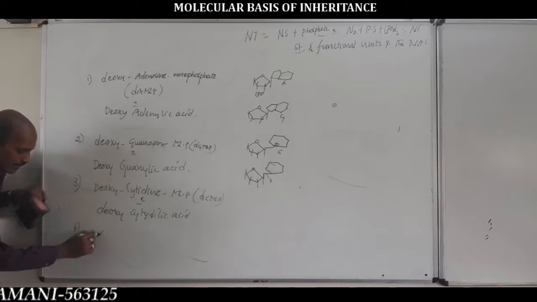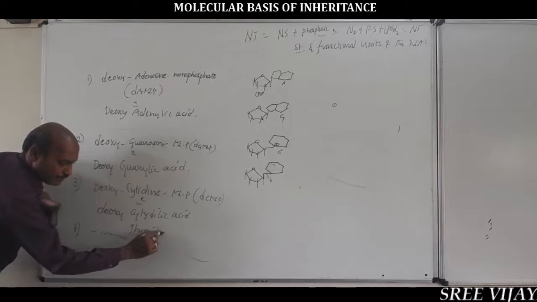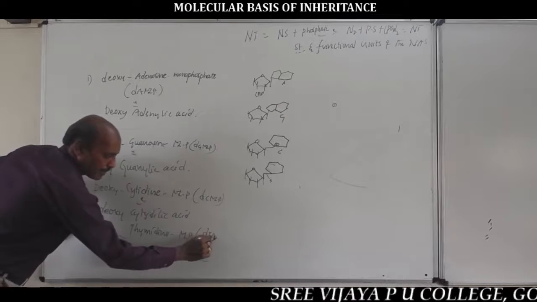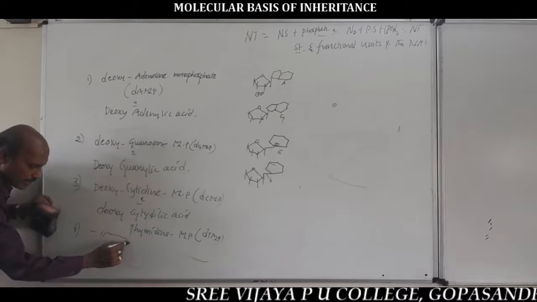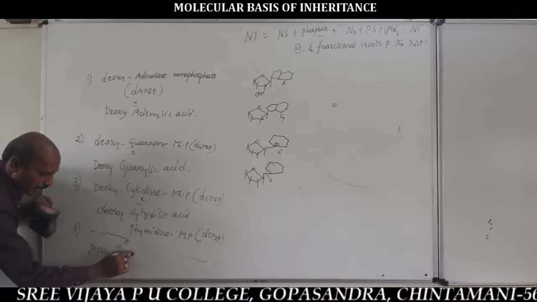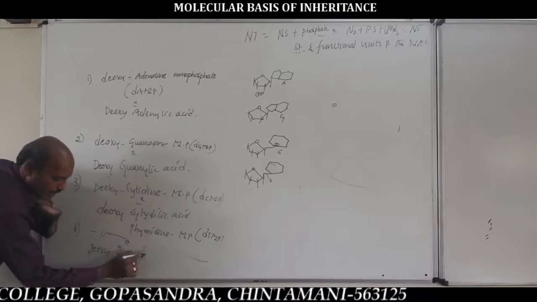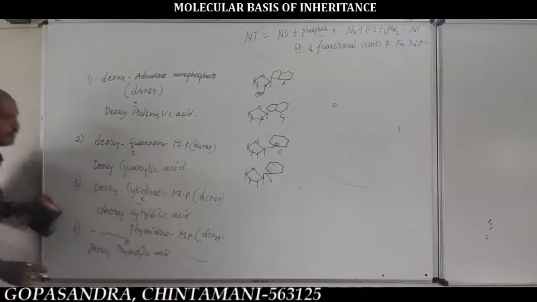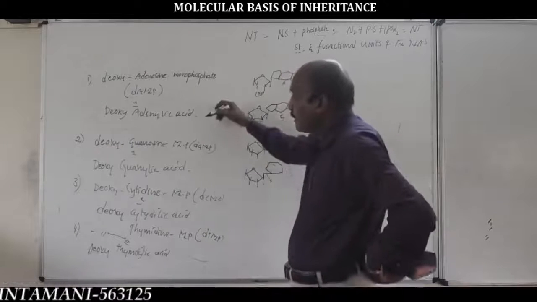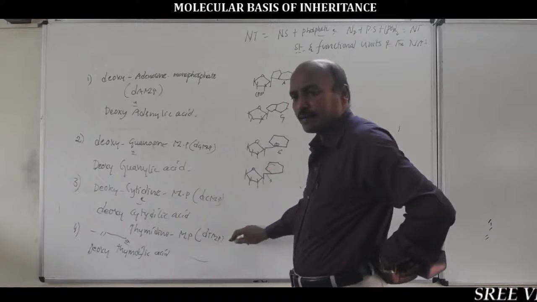And the last one is deoxythymidine monophosphate, DTMP, or deoxythymidylic acid. These are the four different types of DNA nucleotides, abbreviated DAMP, DGMP, DCMP, and DTMP.